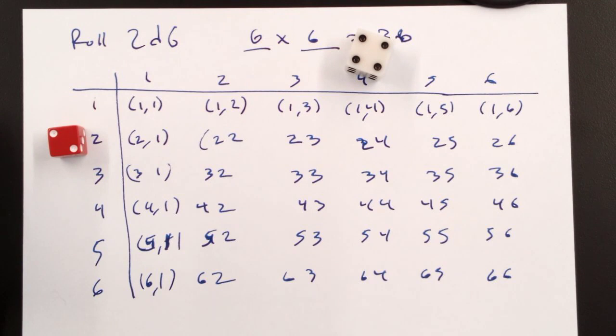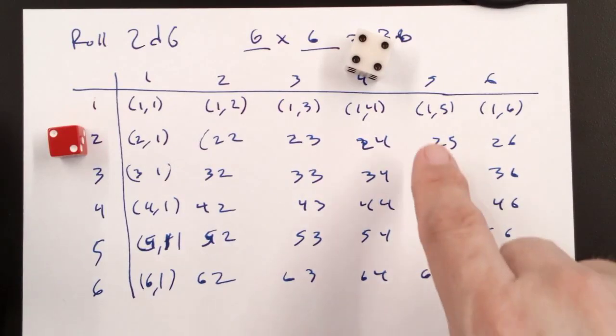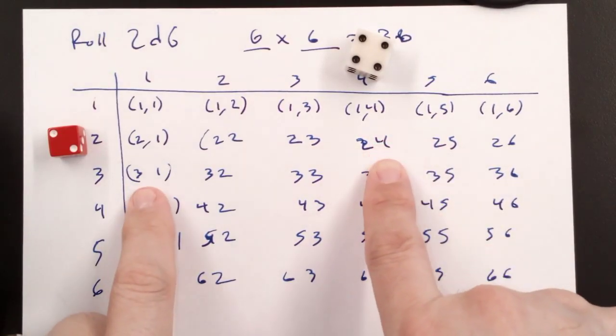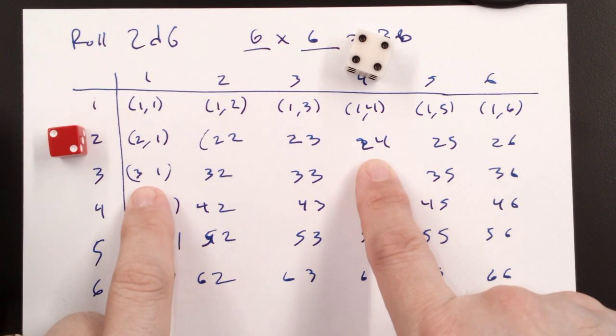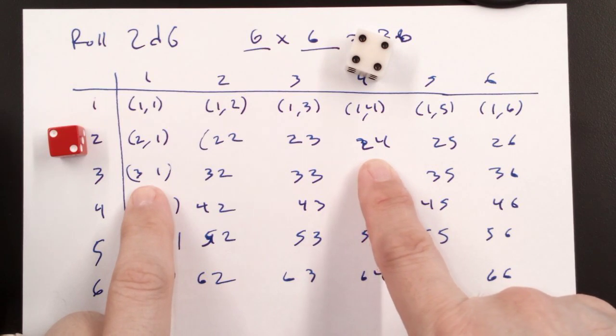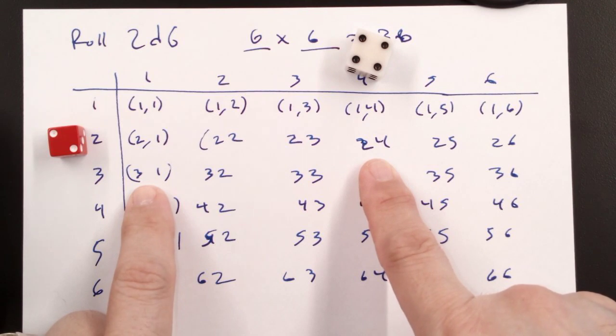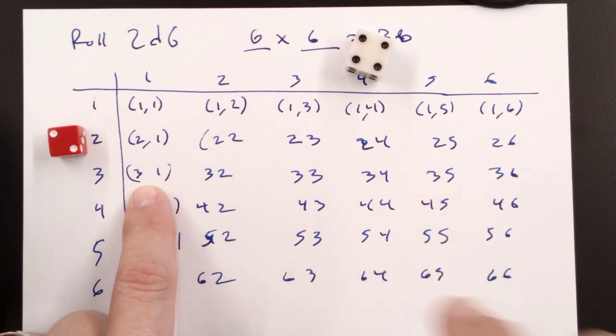Emily, you said no. Why are these outcomes not equally likely? Am I more likely to get the 2-4 or the 3-1? 2-4, 3-1, those two are. Those two are equally likely.